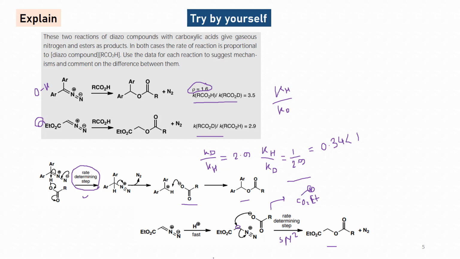Because of that, here you can see the hydrogen bond breaking, the OH bond breaking. Here the H plus is coming from this carboxylic acid. In this case they didn't draw the carboxylic acid, but this H plus is coming from the carboxylic acid only.